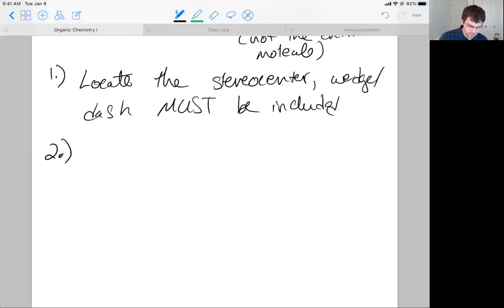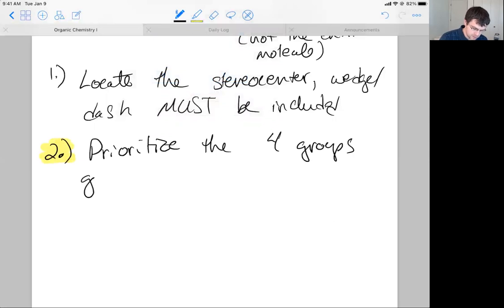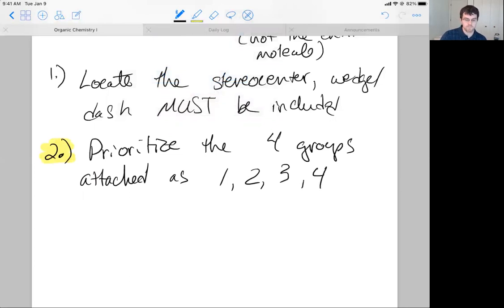Now, the important one is this step. That is, we need to prioritize the 4 groups attached as 1, 2, 3, and 4. Now, what I mean by prioritize is we need to rank the atoms directly attached.